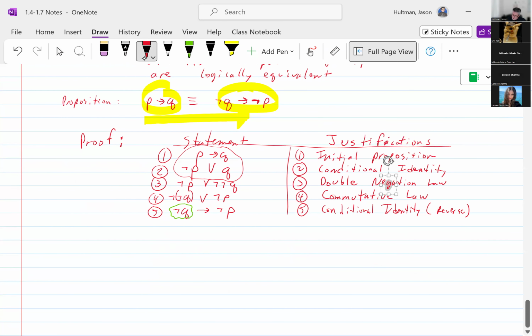Okay, I do like the question. They're basically saying, if Q goes to negative P, can't you just write this as negative Q goes to negative P? The problem is that this works in this direction, but I do not believe it works backwards.